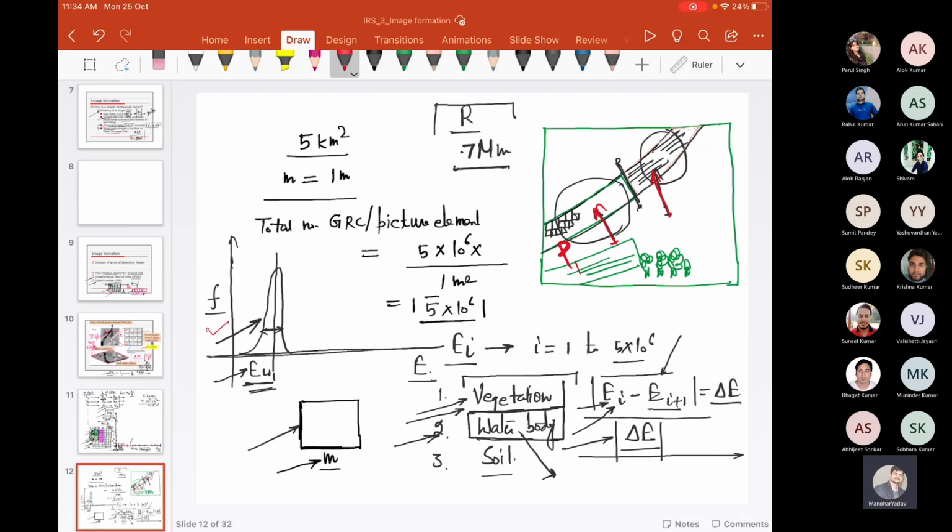I am talking about average reflectance, though you can notice a slight difference when we change the GRC location. But on average, it's rho 1. And in the second case, we can assume rho 2. First you need to analyze which one is more. If we increase the turbidity, then what will happen? Reflectance will increase. Obviously, rho 2 will be more than rho 1.